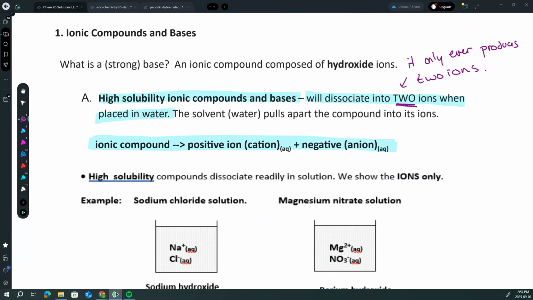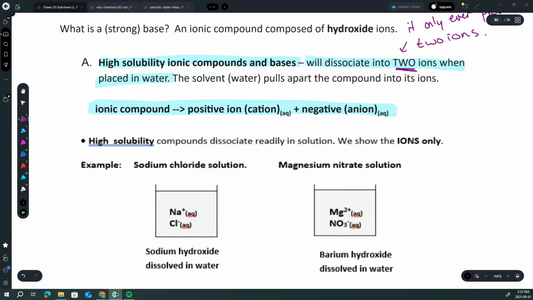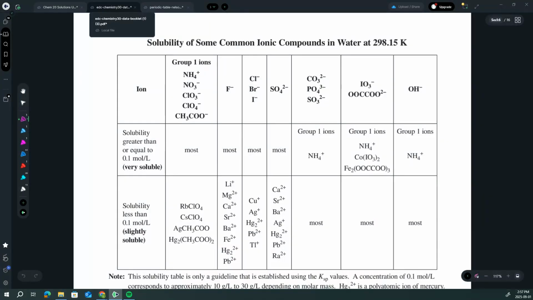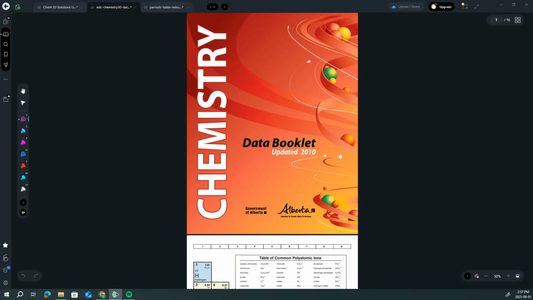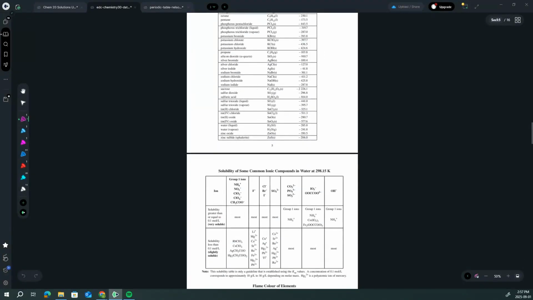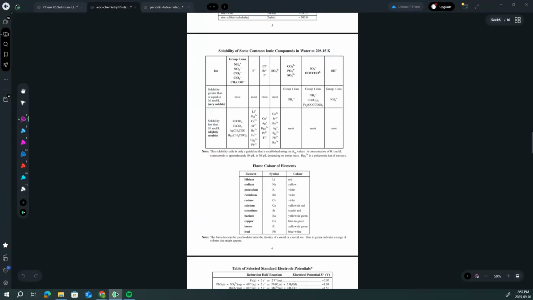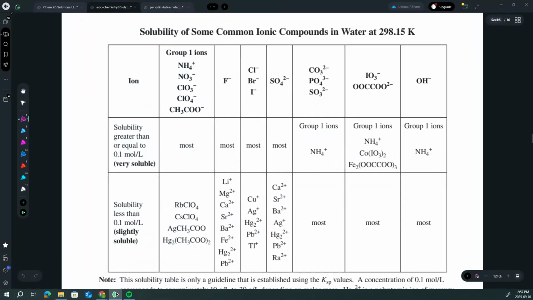Okay, so in order to figure out if an ionic compound is soluble in water or insoluble in water, we're going to go to our Chem 30 data booklet. That's the one with the orange cover that looks like that. We're going to go to page 6, and this table at the top is what we're looking for.